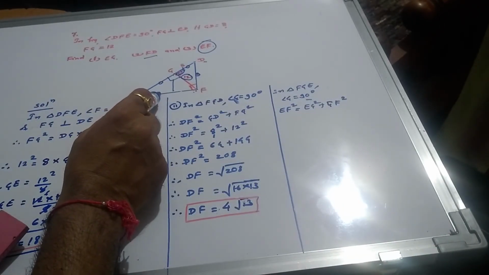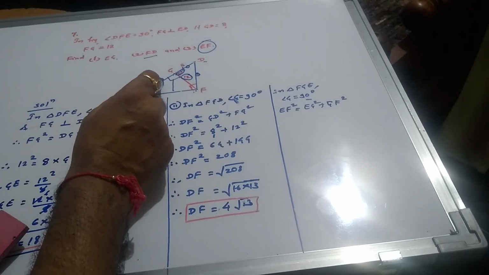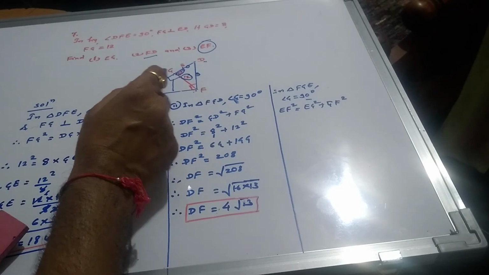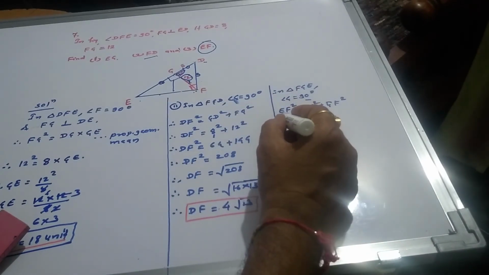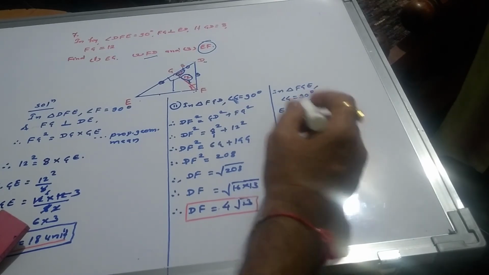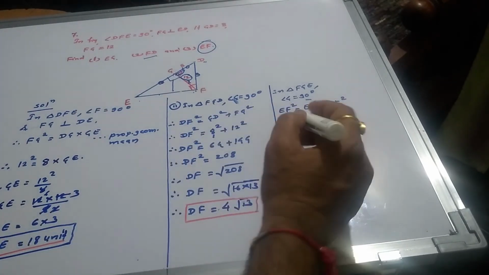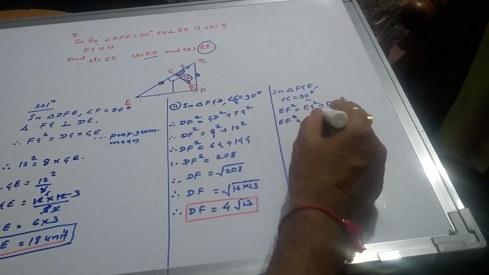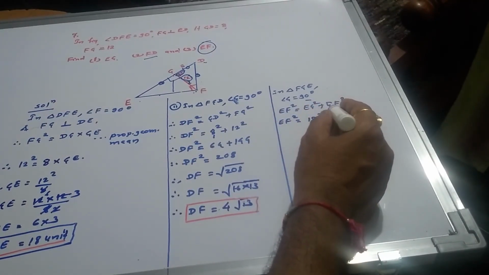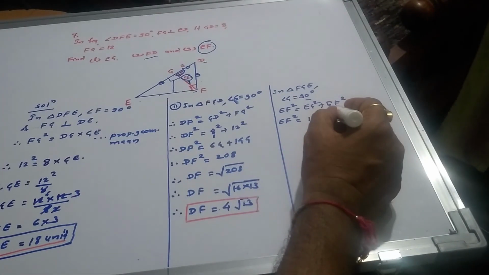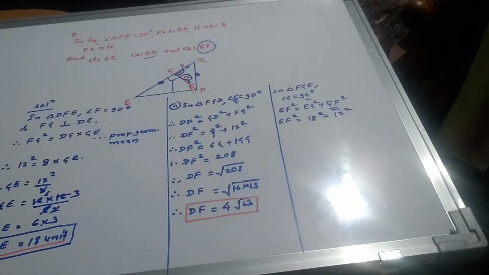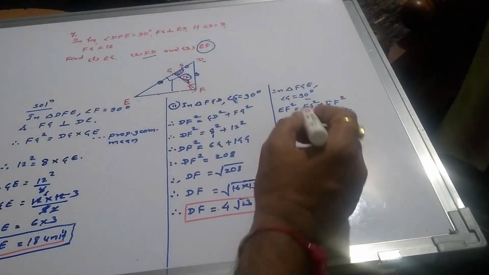EF square is equal to, hypotenuse square is equal to the remaining side GE square plus FG square. Now therefore EF square is equal to, we already determined that GE is 18, so 18 square plus GF, which is 12, so 12 square. 18 square is 324 plus 144.